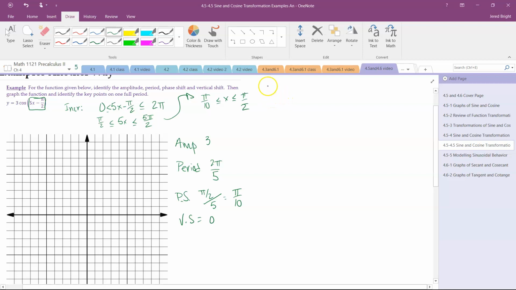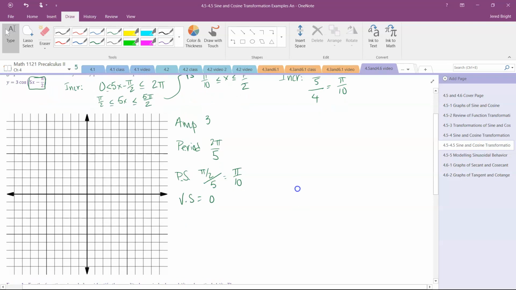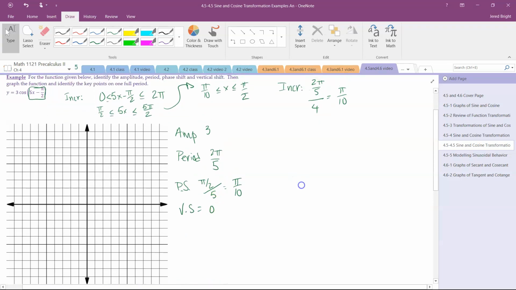So I take the period, so the increments, 2 pi over 5, and I divide it into 4 pieces, and after I simplify, I get pi over 10. Okay, so what that means for me is I can take my graph and start counting by pi over 10s, right? And that happens to line up with our phase shift.